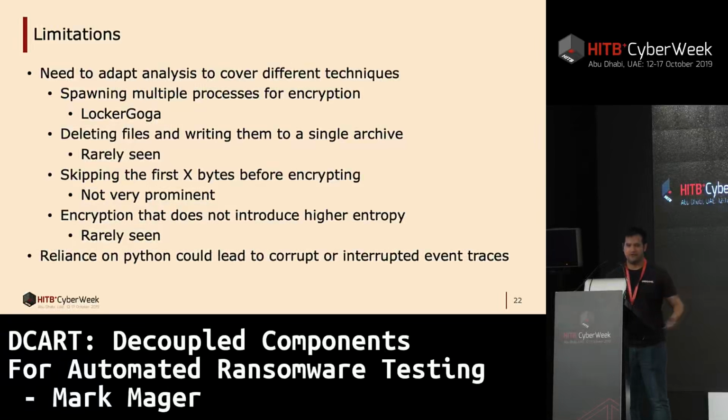We're going to have multiple different metrics and a layered approach to sniffing out this sort of activity. And finally, there are cases where encryption won't introduce higher entropy. I don't see this very often, and there's only one sample I can actually think of that does this, but it's also something to think about.